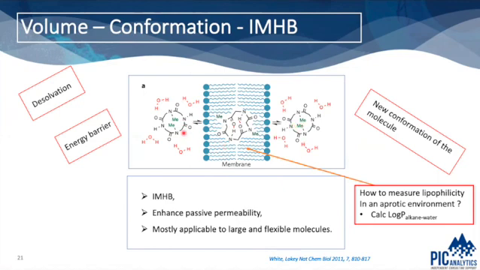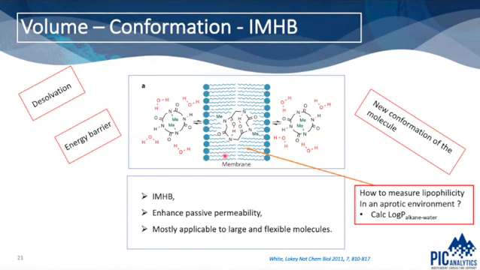The explanation was that at one point there will be an energy barrier to cross for desolvation and to have a new conformation, and the compounds will, instead of having intermolecular hydrogen bonds with the aqueous media, create intramolecular hydrogen bonds and expose the lipophilic functions of the molecule to the lipidic phase of the membrane.